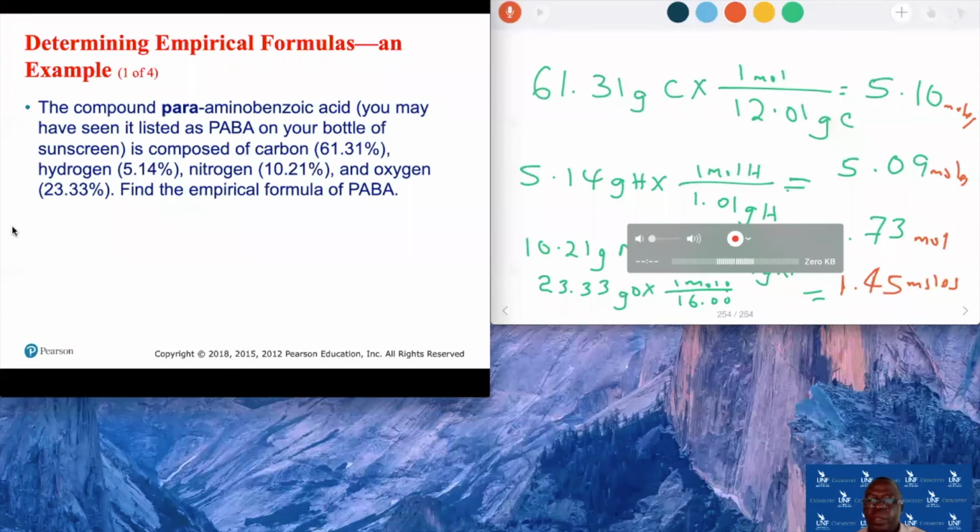you need to find the number of moles of each element in the compound. Once you determine the number of moles of each element, you divide by the smallest number of moles.